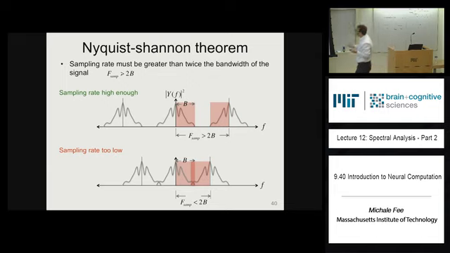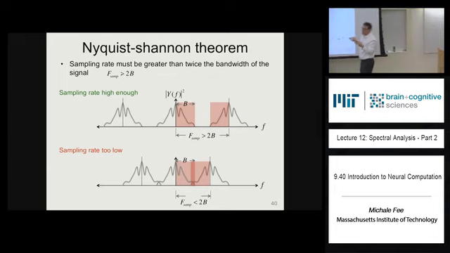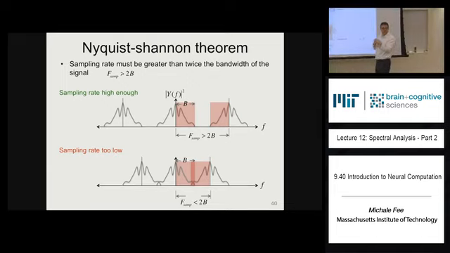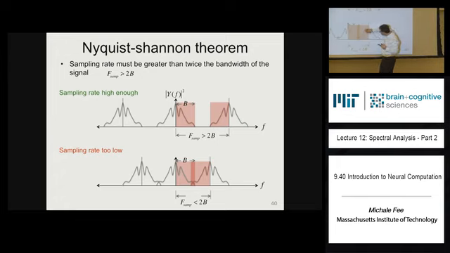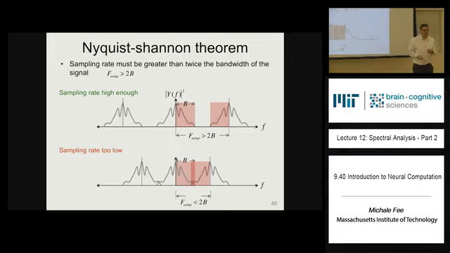So you can see that if you sample a signal at too low a sampling rate, and you look at the spectrum of the signal, you'll see this part of the spectrum, but you'll also see this other part of the spectrum kind of contaminating the top of your Fourier transform. Does that make sense?